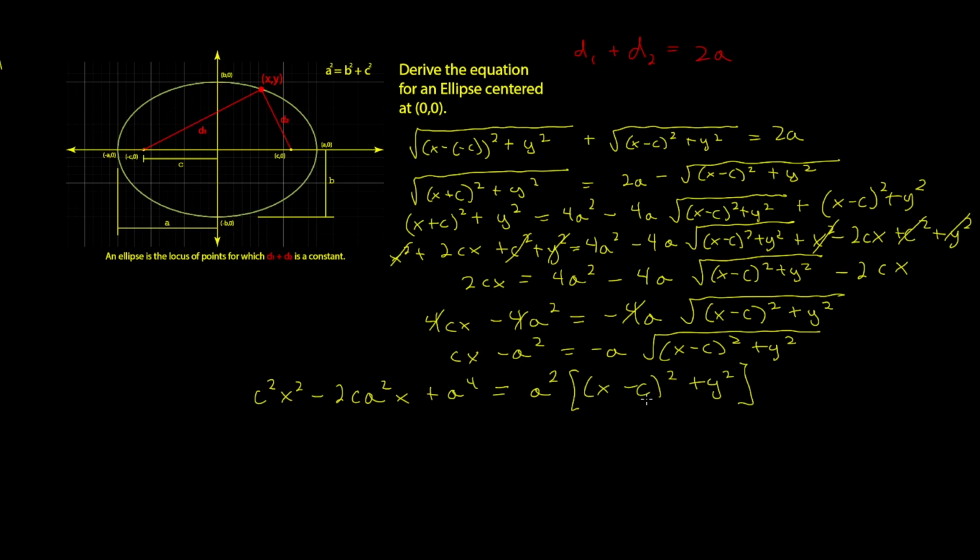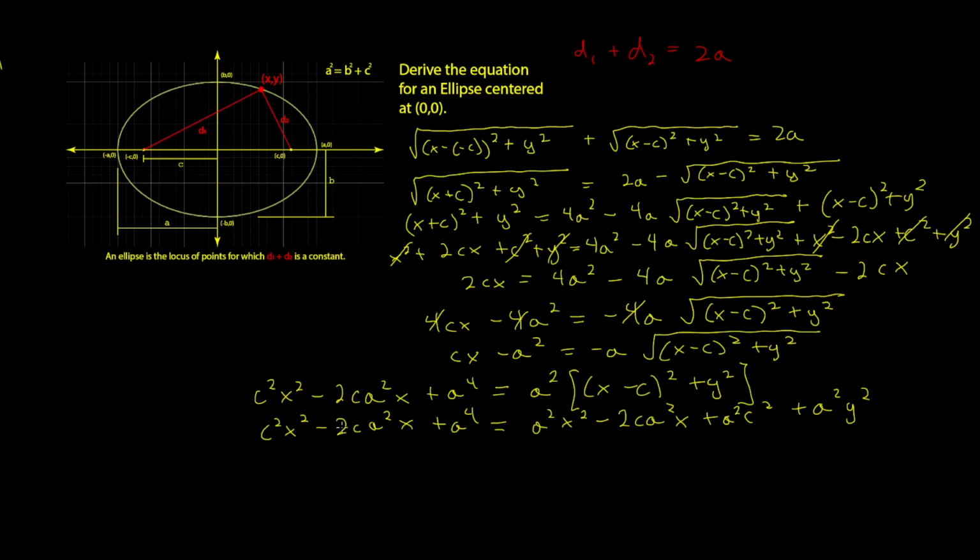Now we're going to FOIL this out. So c squared x squared minus 2c a squared x plus a to the fourth. As you know, when you FOIL this, this will be x squared minus 2cx plus c squared. So that is a squared x squared minus 2c a squared x plus a squared c squared plus a squared y squared.